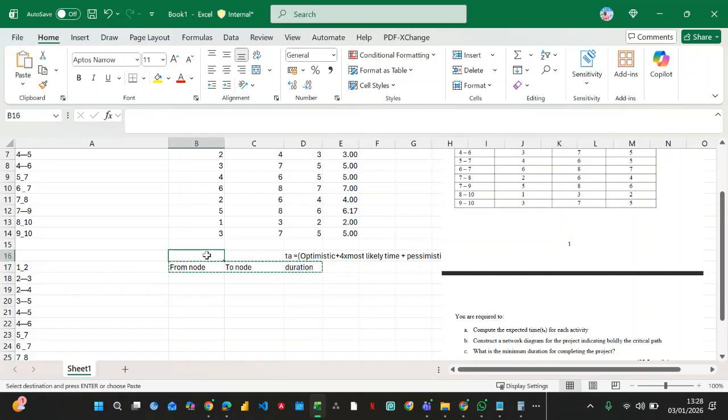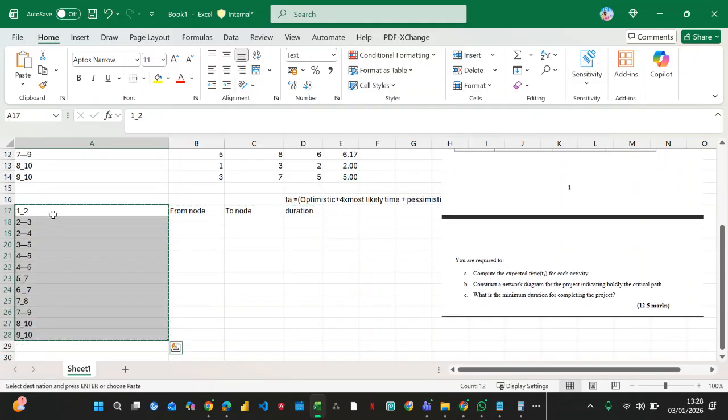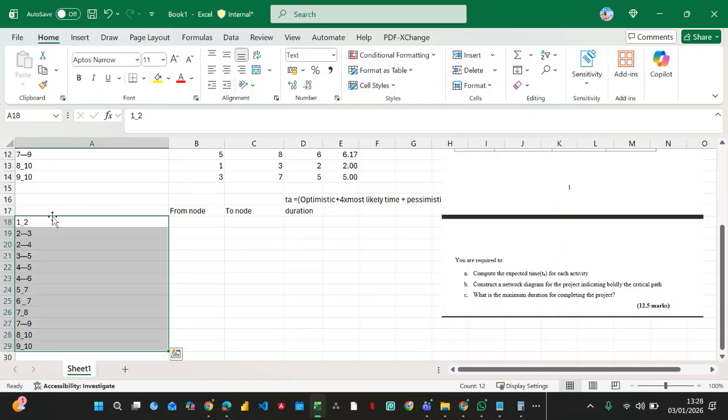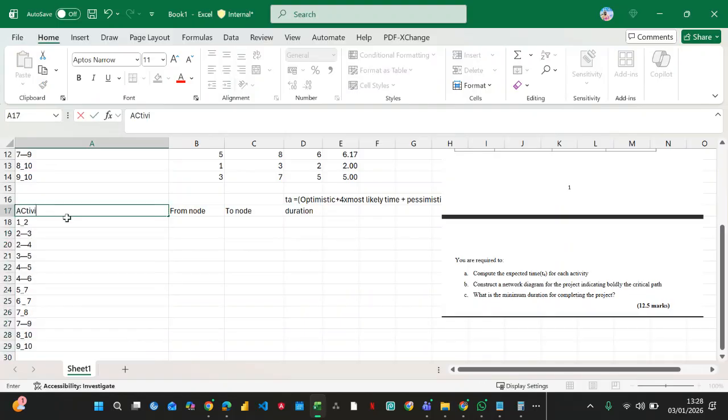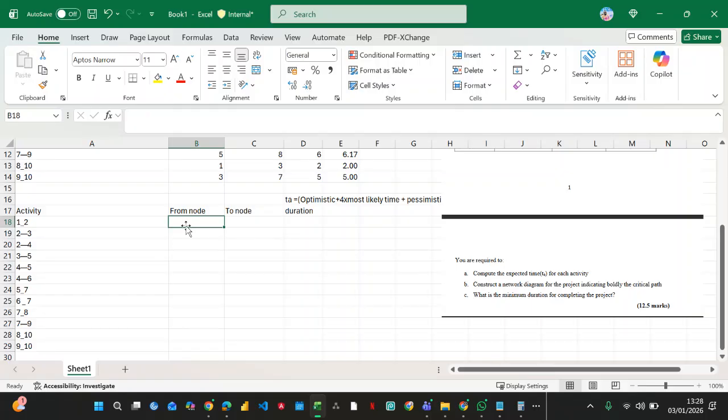Now, if I draw this activity one, it is from one and it's going to two, something like this. You don't have to do this in the exam hall. I'm just trying to make it easy for us to do it.